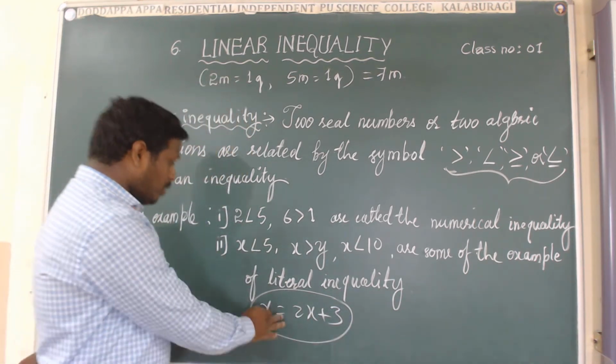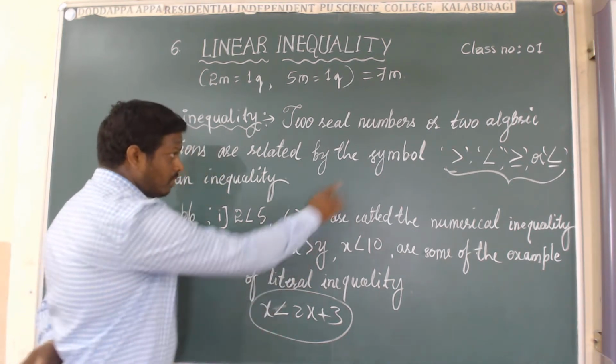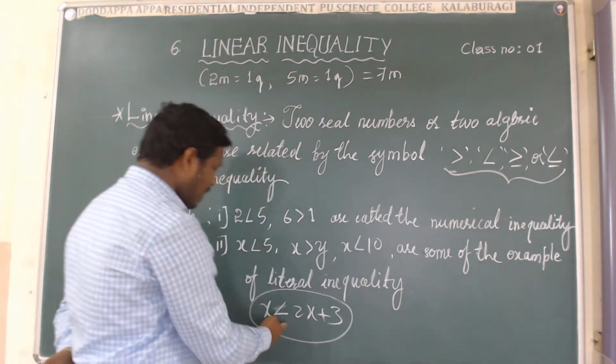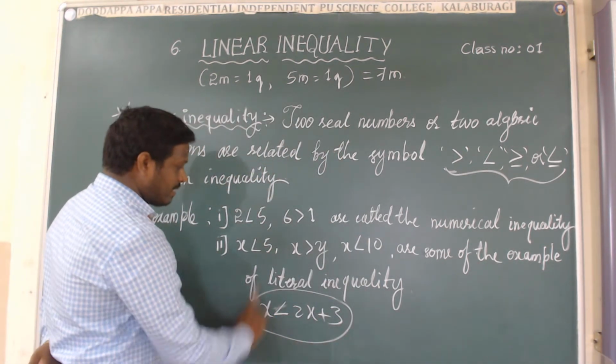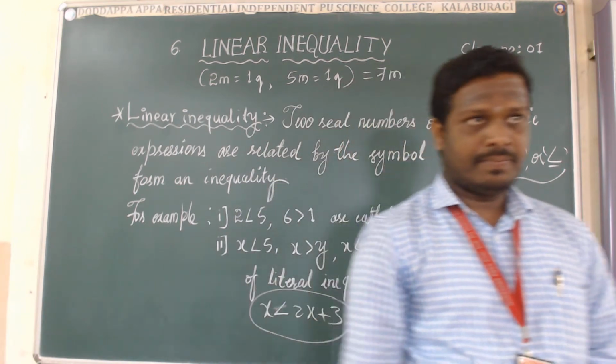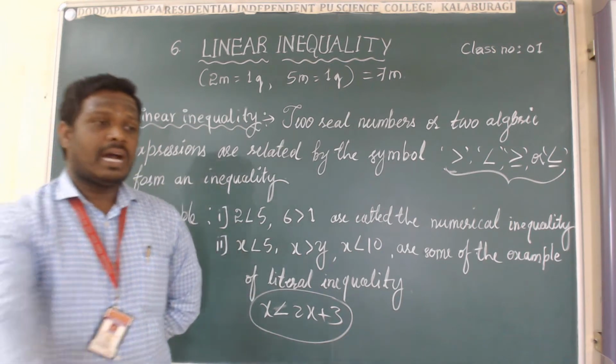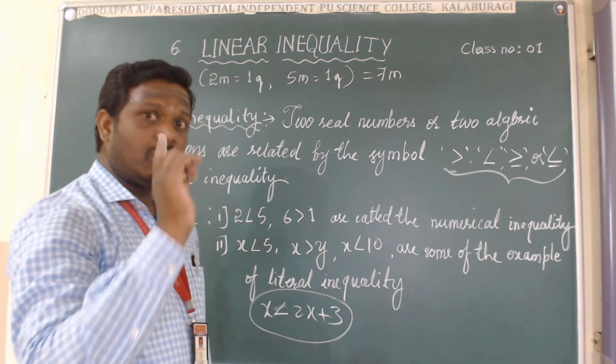In place of equal to, we write one of these four symbols, then the statement stands for linear inequality. Linear means the power or degree is only 1.